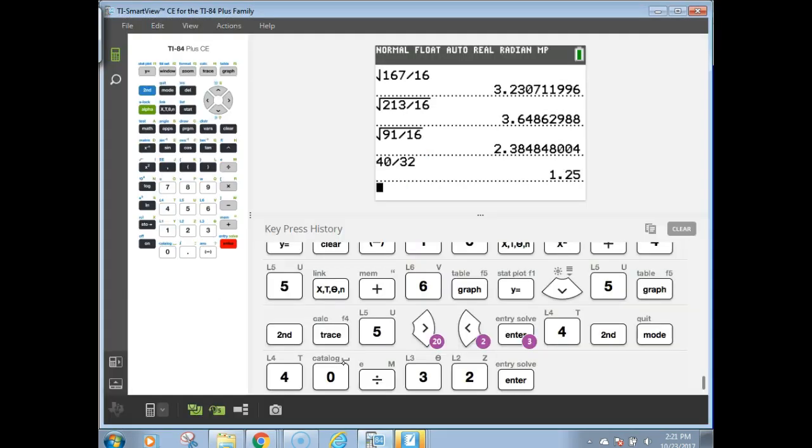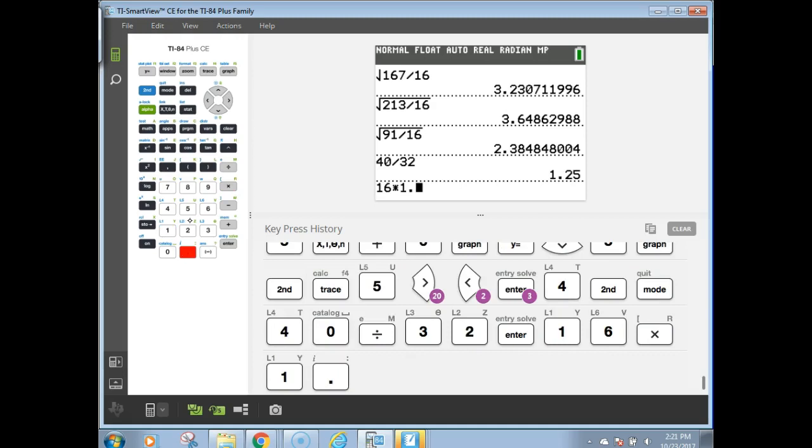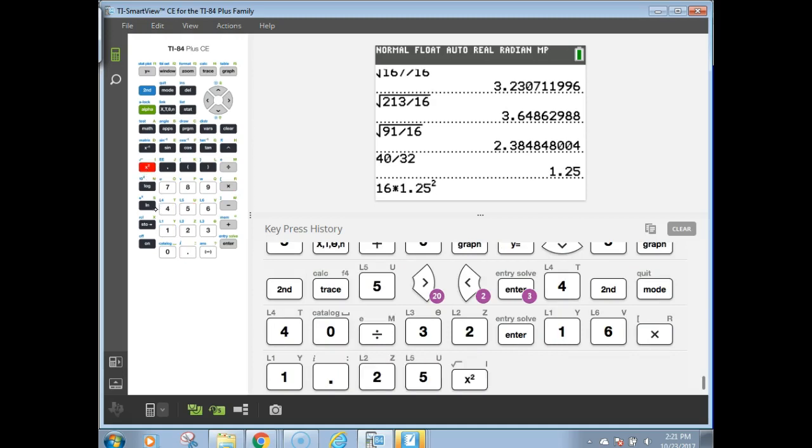Okay, so we'll do negative 16 times, am I going too fast? A little bit? Okay. You guys realize I'm just plugging in the answer we just got. Somehow I missed my negative sign. Now you've got time to catch up because I'm sure slow right now. I'm going to insert a negative sign.